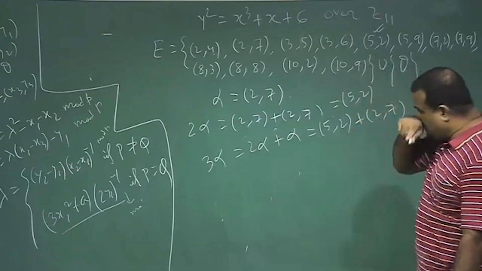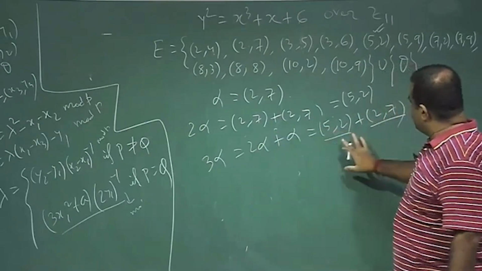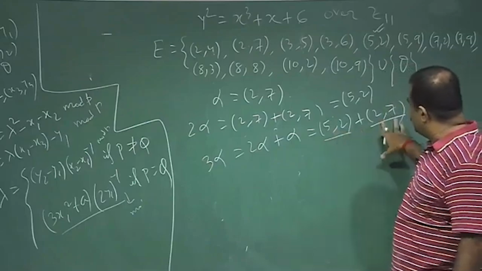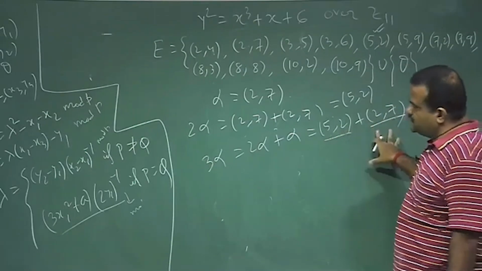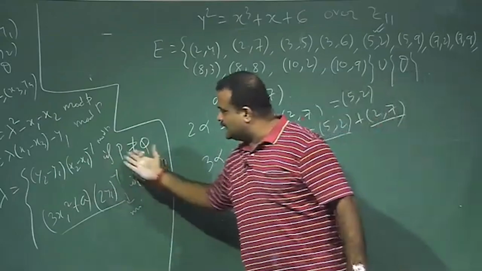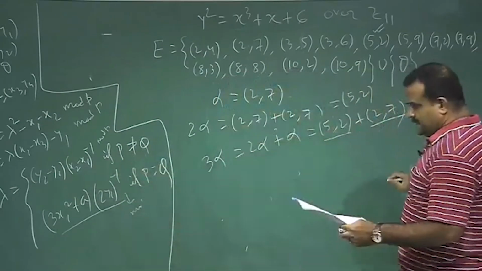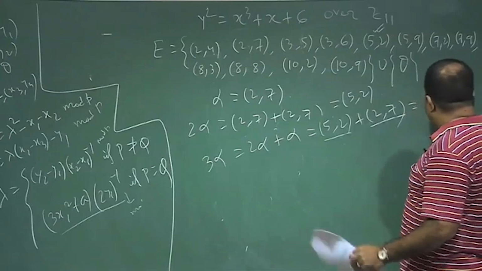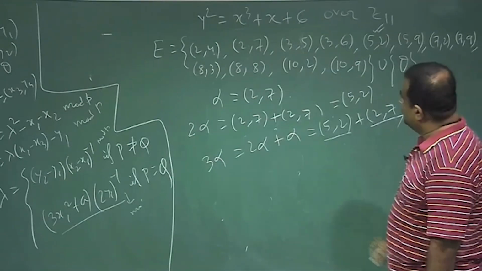Now for this also we have to use the formula, but here P and Q are not the same. So we have to find this addition, P plus Q, where this is x1 y1, x2 y2. If P and Q are not the same, this is the lambda. If we use the same formula, we will be getting this as 8 comma 3, this one.